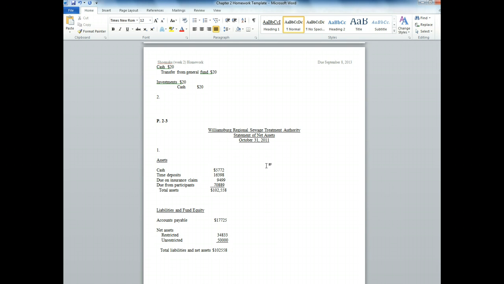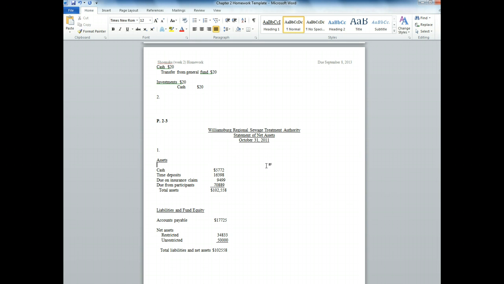Basically, guys, when you look at the consolidated statement, it looks like we have a lot of net assets, but 34,000 of them are restricted. We can't just up and use that money. So on some level, the consolidated statement shows where the restricted really is located.